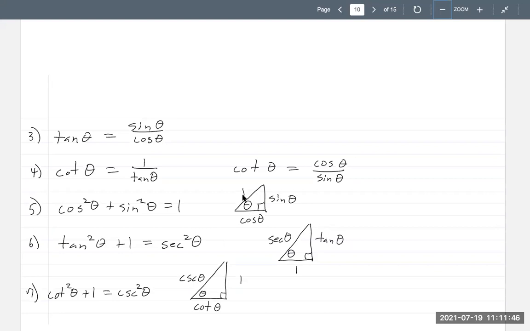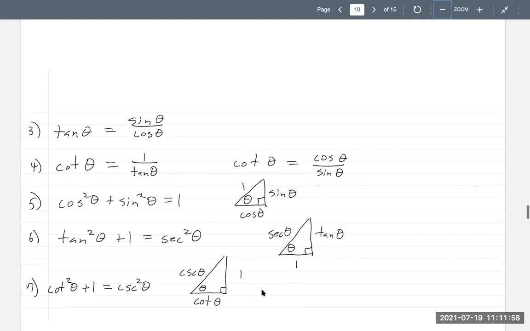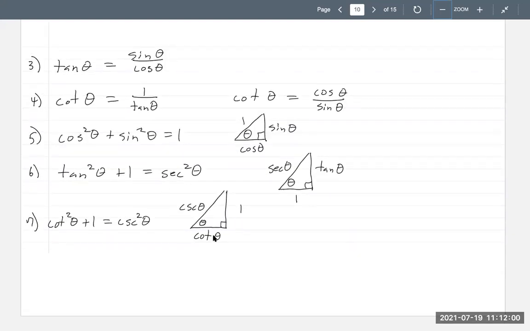You can see each of these by dividing each side here by sine of theta to get this triangle, and dividing each side here by cosine theta to get this second triangle. So again, by Pythagorean theorem, you have cotangent squared theta plus 1 is cosecant squared theta.